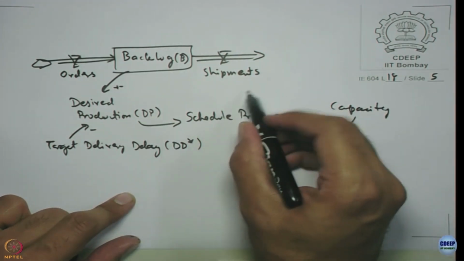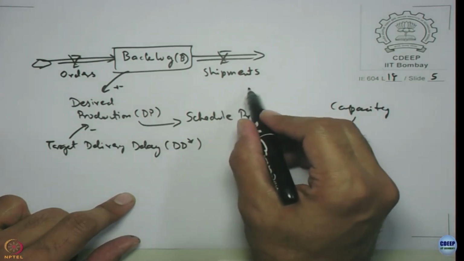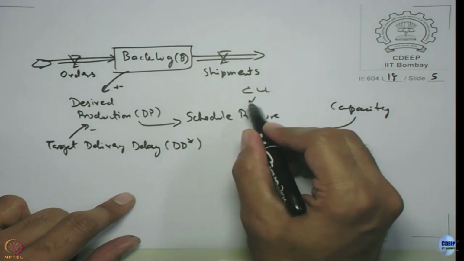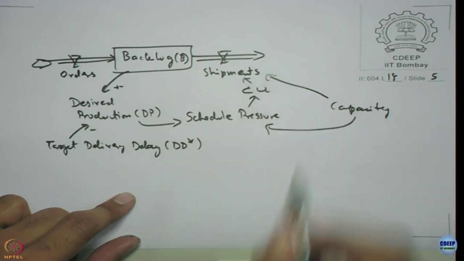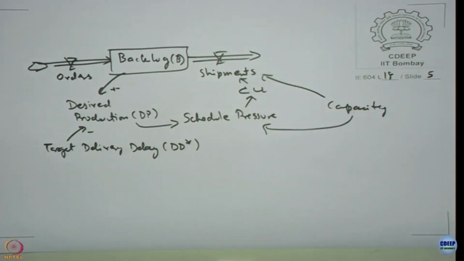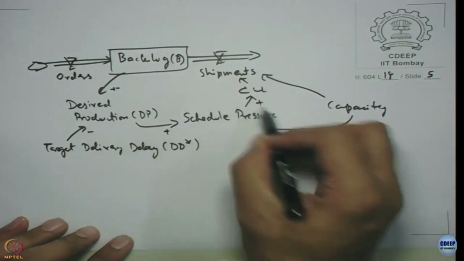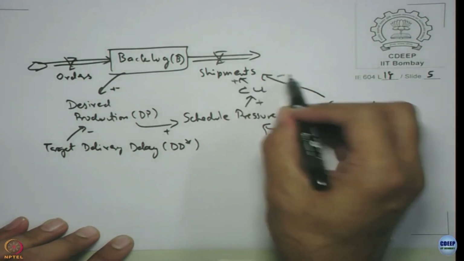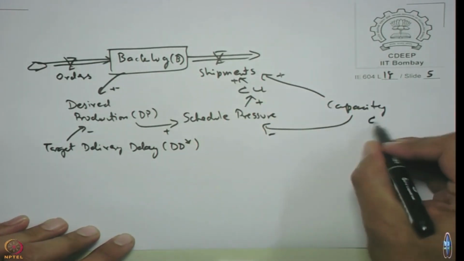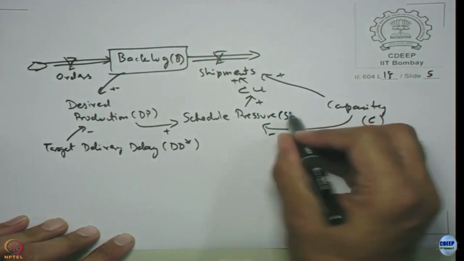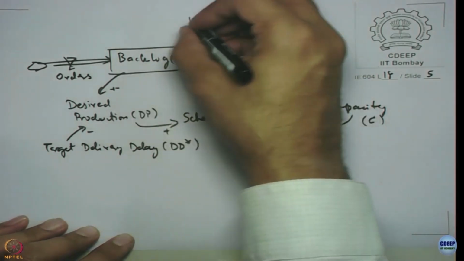Then we have a capacity utilization. Due to lack of space, I am just writing it like this, plus, minus, plus, plus, plus. So you see, let's call it SP, yeah, then we already have our delivery delay also.